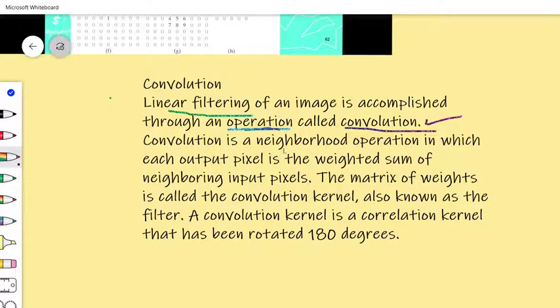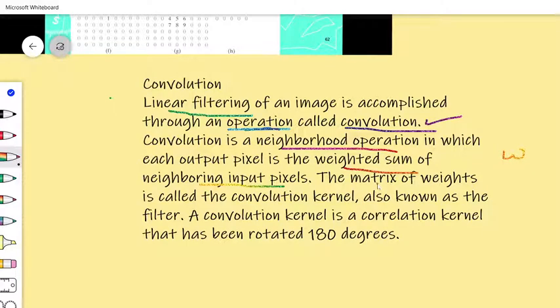This convolution is a neighborhood operation, because spatial filtering means the first part is the neighborhood and the second part is the operation. So convolution is a neighborhood operation in which each output pixel is the weighted sum, remember the W, of neighboring input pixels.